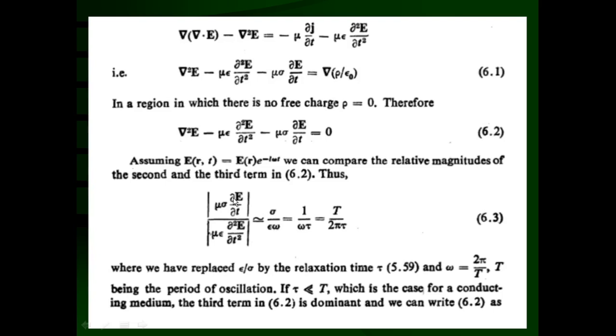So the ratio of the magnitude of the third term to the second term is given by σ/ϵω.